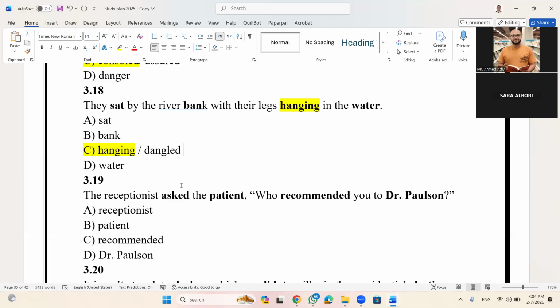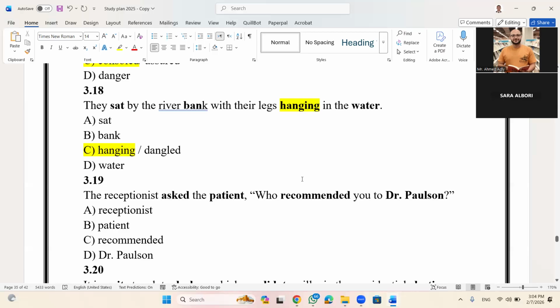So dangle here means to hang something loosely and move it right and left, like swaying. You can say they sat by the river bank with their legs swaying in the water, loose in motion, right?